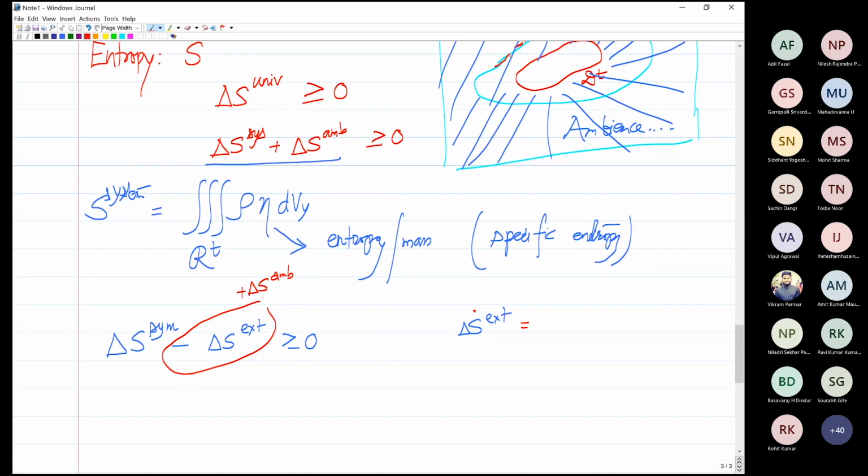So this is the same as the integral over the volume of rho times small r by theta dv, because it is heat by temperature. And then another one with a minus sign, q dot n by theta da. Is that agreeable to all of you?